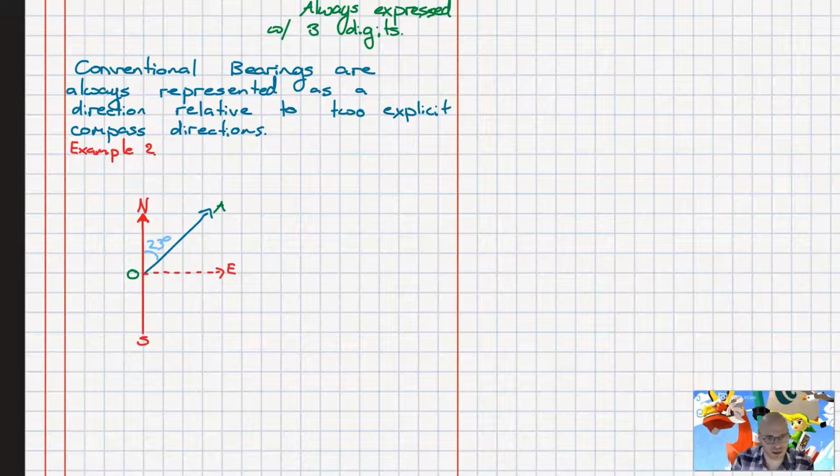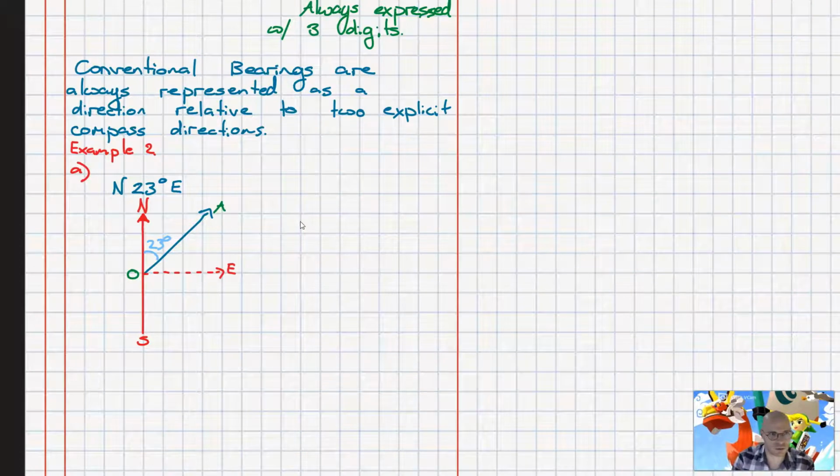Now this bearing here is 023 degrees true bearing, but as a conventional bearing we rewrite this as north 23 degrees east. So north 23 degrees eastward. So we start off north and we branch outwards 23 degrees towards the east. So this representation here is called a conventional bearing.